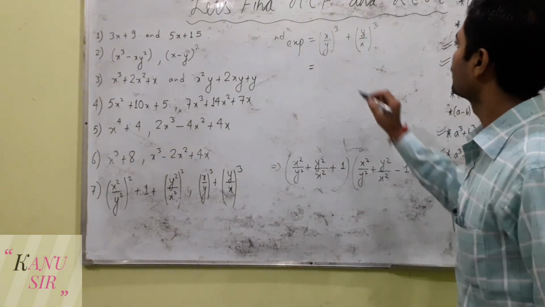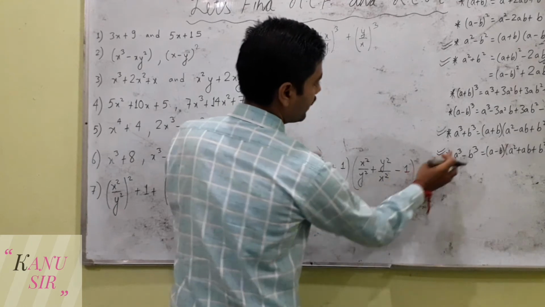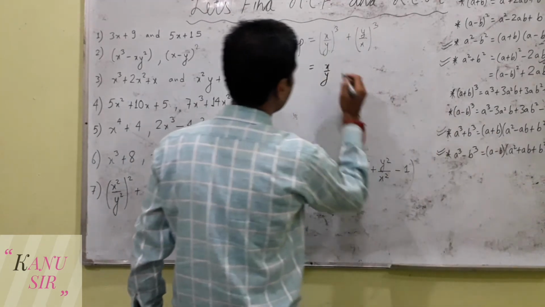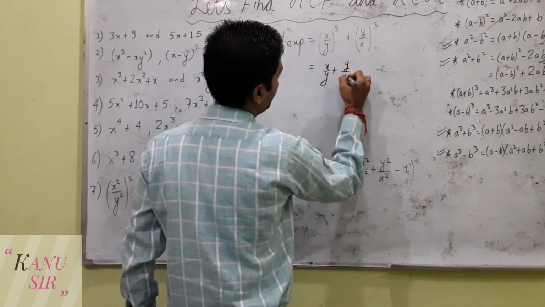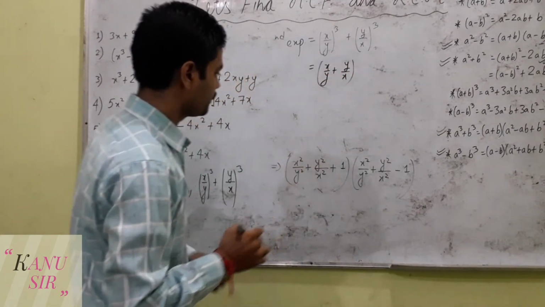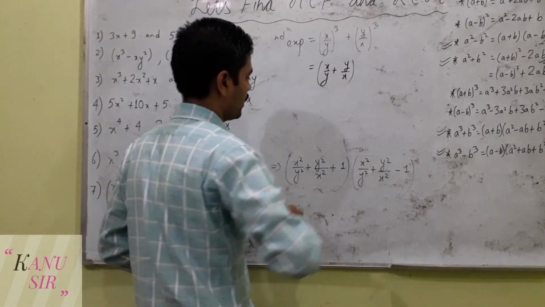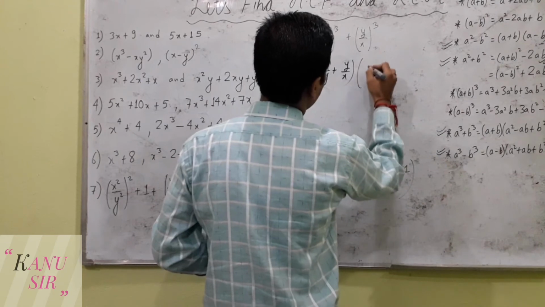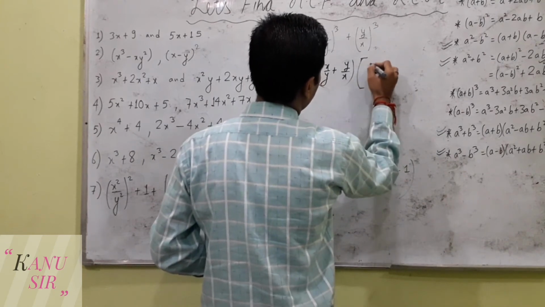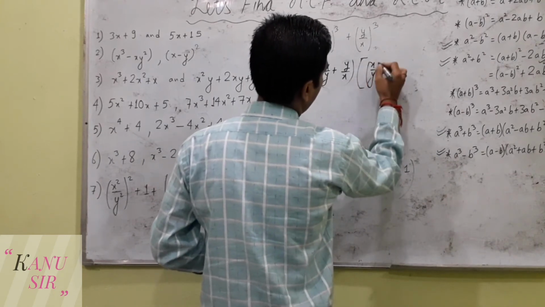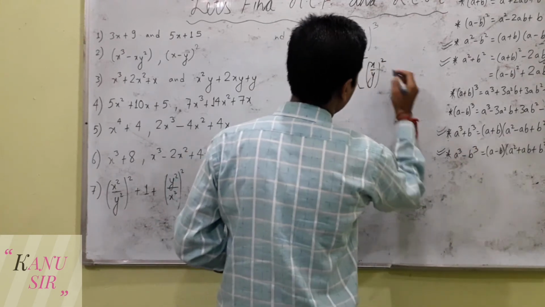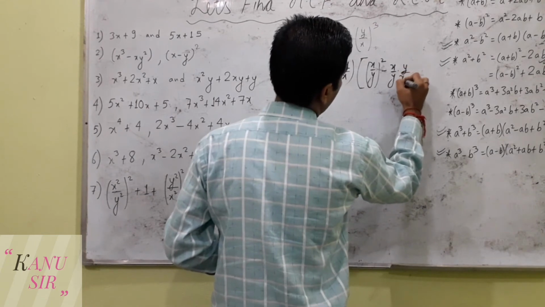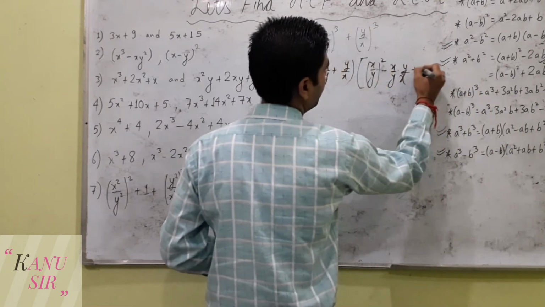This formula looks like a cube plus b cube, which equals a plus b times a square minus a b plus b square.